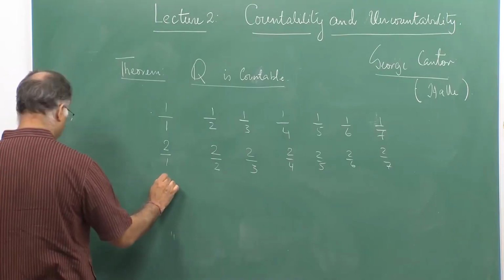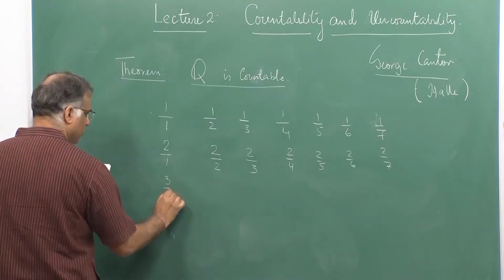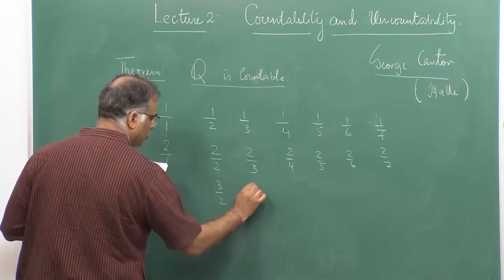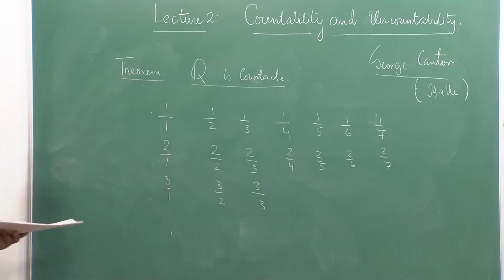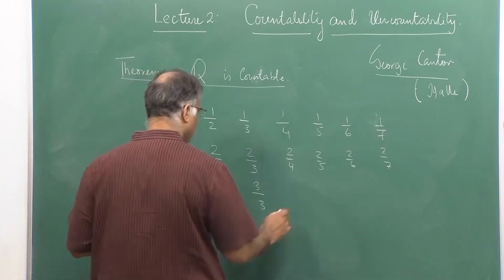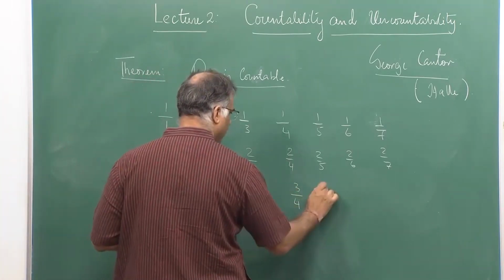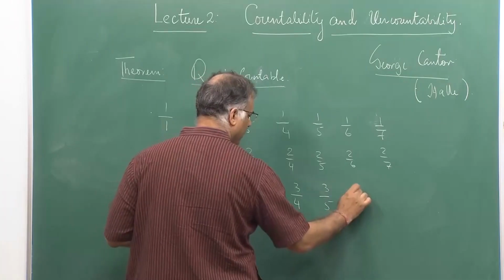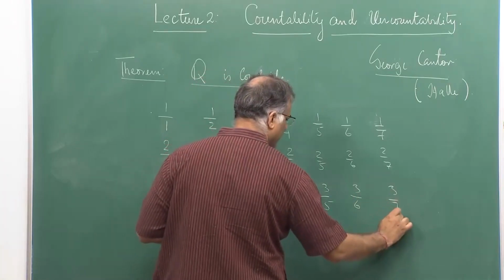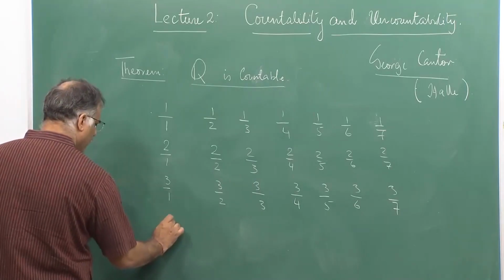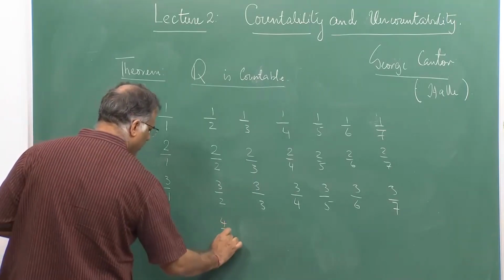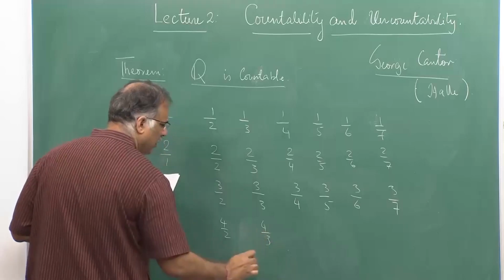Just let me write down 3 by 1, 3 by 2, 3 by 3, you see again 1 is repeated. 3 by 4, 3 by 5, 3 by 6, 3 by 7, 4 by 1, 4 by 2, 4 by 3.